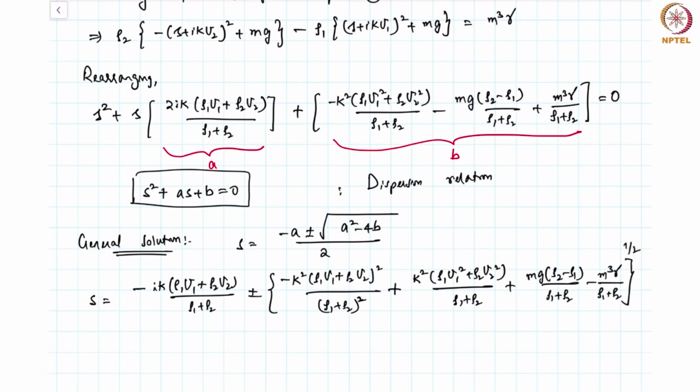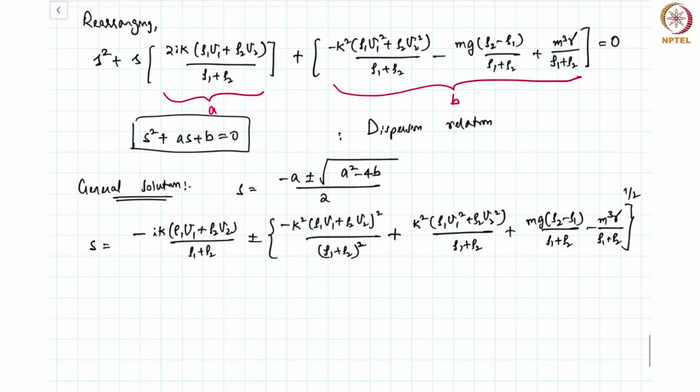This whole thing in the bracket is under the square root. So that's my expression for S, and as you can see there are too many terms here, but we can do some simplification. We can combine the first two terms that I'm highlighting. These two terms can be combined.